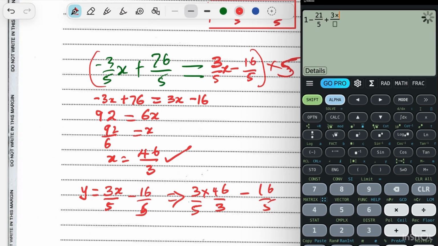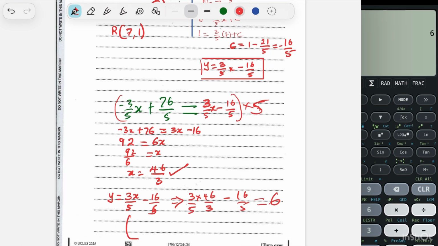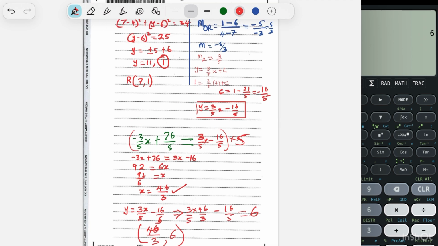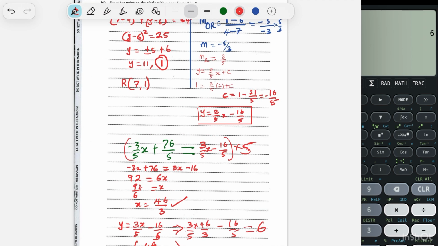So my y is 6. So my coordinate is 46 over 3, comma 6. That is my answer to this question. I hope it makes sense.